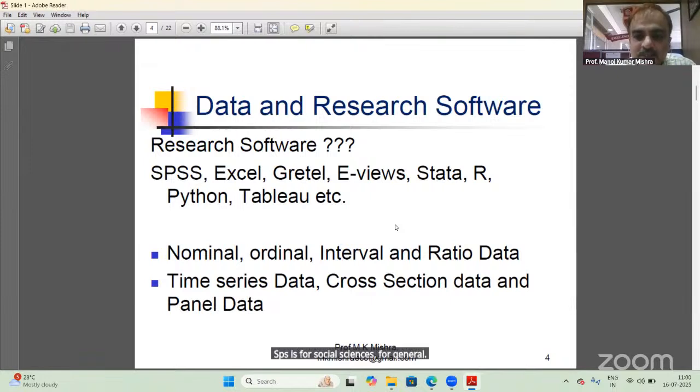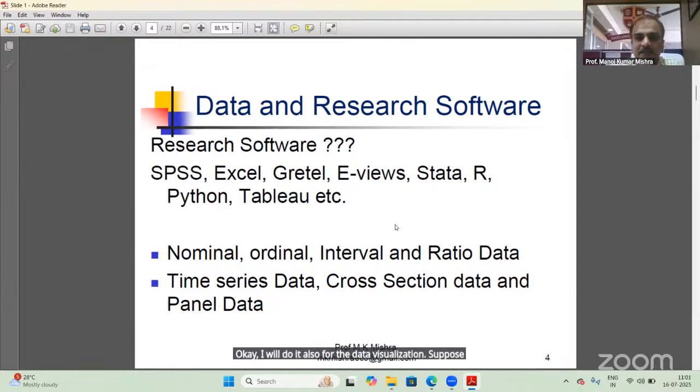Stata is also like this, but more advanced. R is free. Python is for making graphical presentations, picture presentations, and it is very important. Tableau is also for data visualization.